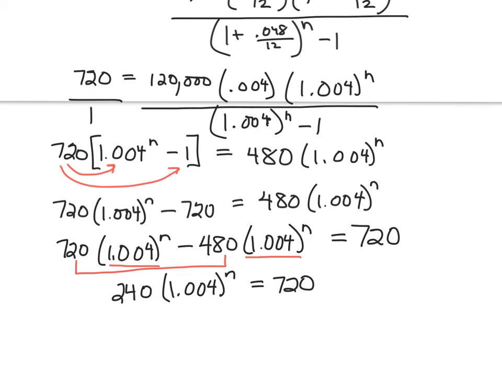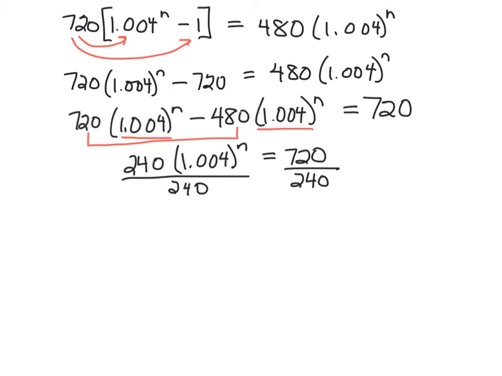I know this seems very complicated, but just follow step by step with me. Now, I want to get the exponential by itself, so I'm going to divide both sides by 240. Luckily, the numbers work out nicely here. So I'm now at the point where I have 1.004 to the n is equal to 720 divided by 240, which gave me a 3.